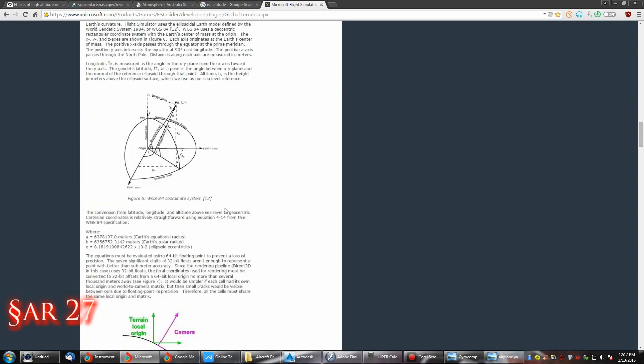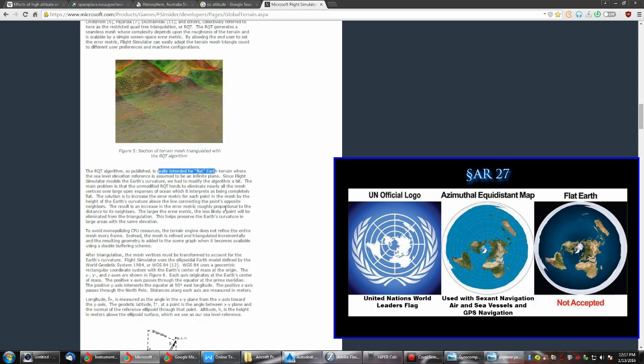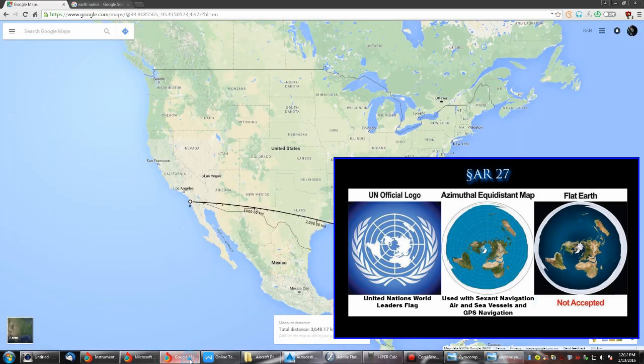If you've ever done a simulation, or ever seen anything, even in a video game, they don't compensate for the curve. Even for training for airplane flights. Now, I'm laughing because this is right here in your face. It's insane.